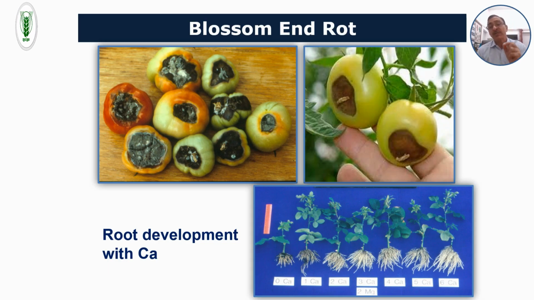So at that point a small black spot will first appear, which gradually will widen and enlarge, and later on it may be affected by some fungus, but initially this is the deficiency of calcium. And calcium, like phosphorus, also helps in better rooting of the crops. We can see through this slide how, with an increase in calcium concentration, there is the best roots and a lot of growth of the roots.